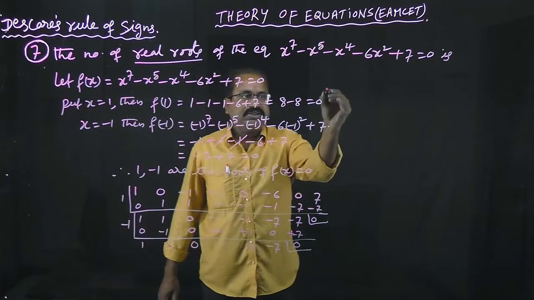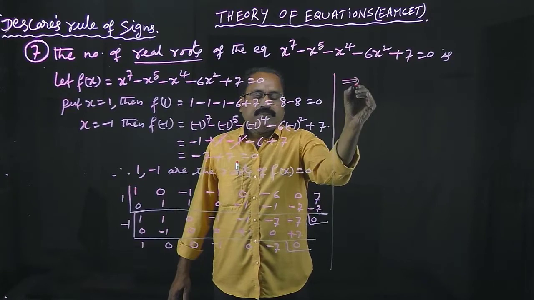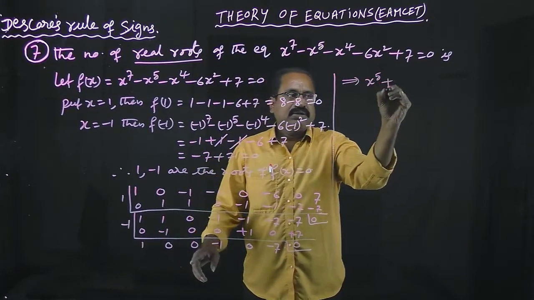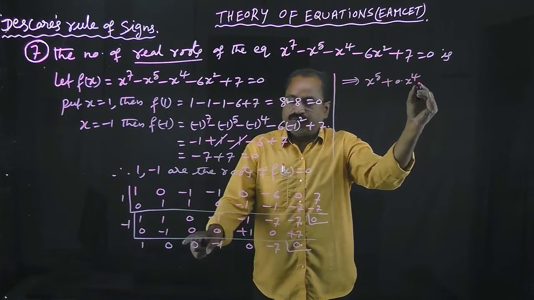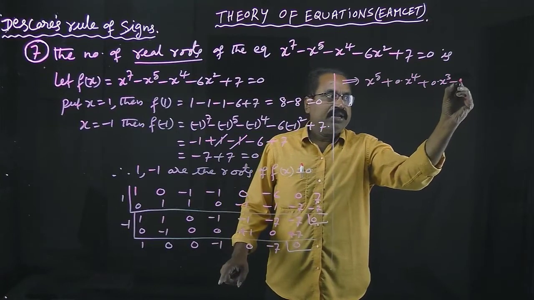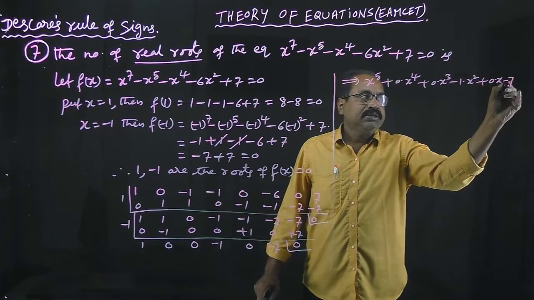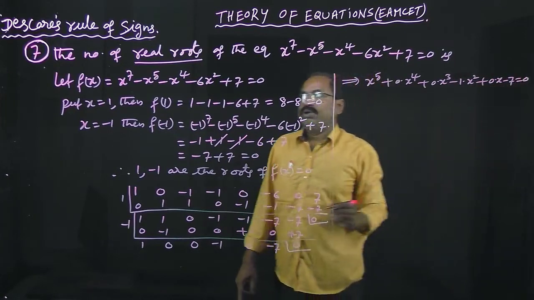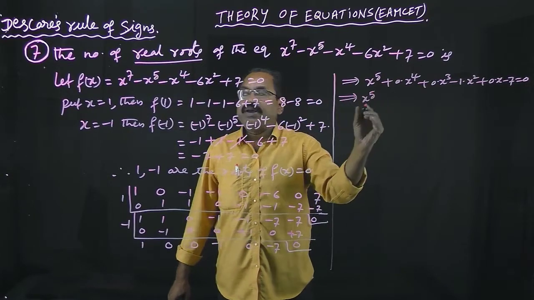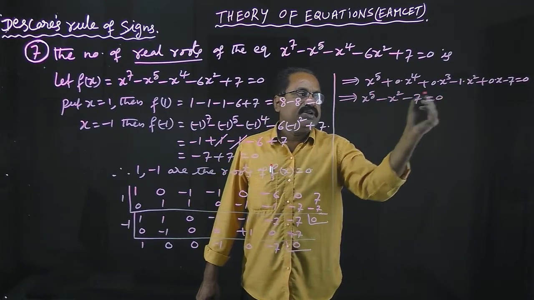So this implies x to the power of 5 plus 0 into x to the power of 4 plus 0 into x cube minus 1 into x square plus 0 into x minus 7 is equal to 0. So this implies x to the power of 5 minus x square minus 7 is equal to 0.